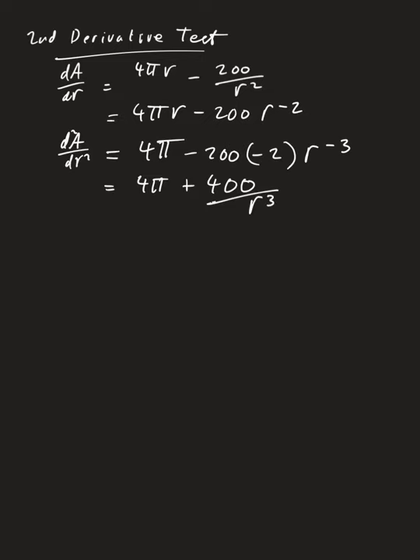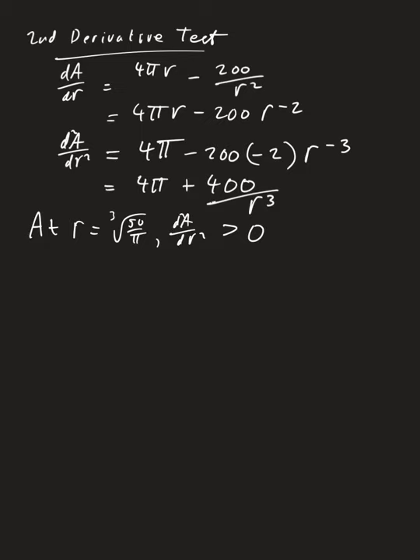Now the question is, is that positive at the stationary point of r equal to the cubed root of 50 over pi? And it is, because as long as r is positive, this is the sum of two positive numbers, so it is positive. So at r equal to the cubed root of 50 over pi, the second derivative is greater than 0.